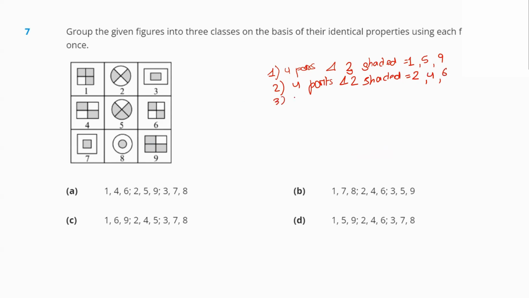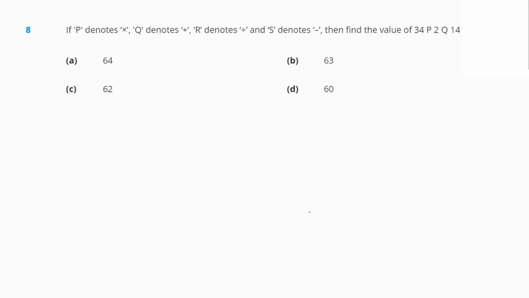And in the last, we have a figure inside which one more figure is shaded. So we have 3, 7, and 9. No, it's 8. So our correct answer will be 1, 5, 9, 2, 4, 6, and 3, 7, 8. Answer D is the correct answer. Moving on to the next question.